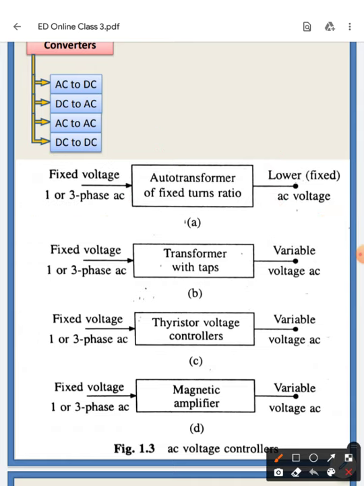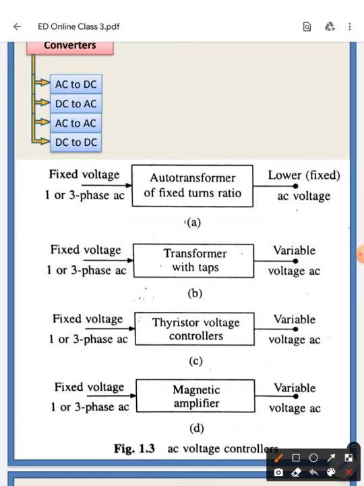The first case is the auto transformer, or fixed turns ratio transformer.